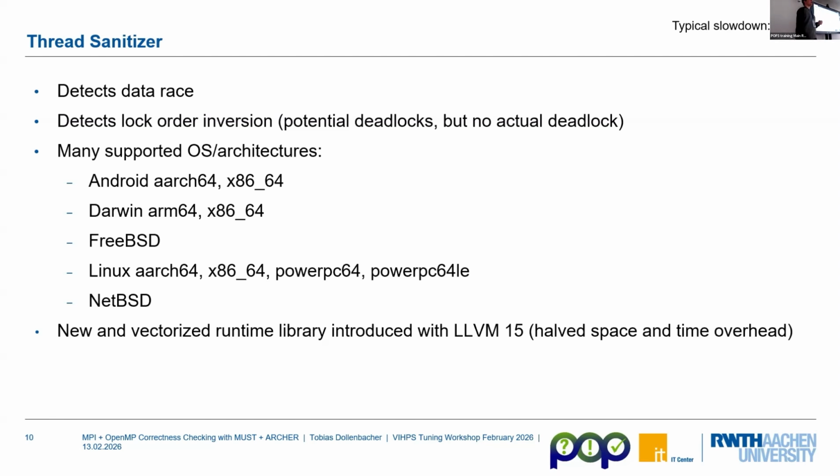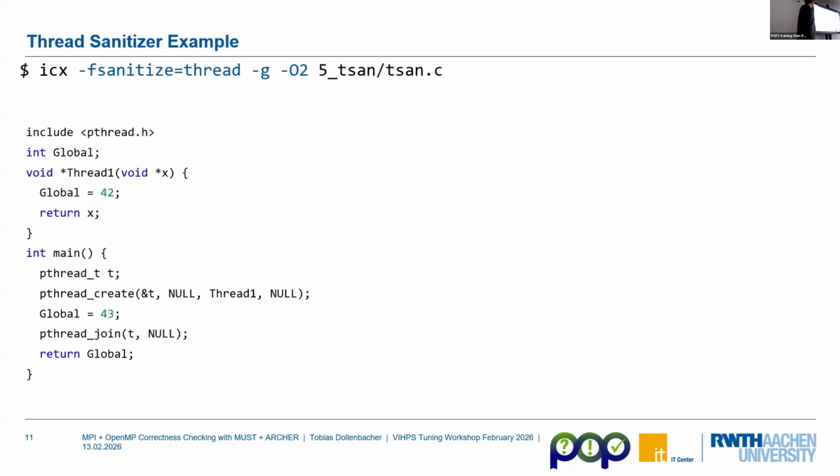Thread sanitizer gives you a lot of overhead because it has to do a lot of analysis to get this information. But since LLVM 15, it's manageable. It's not those 15 times most of the time, and goes down to, let's say, 5 times slowdown, not speedup. All right, how do we use this?